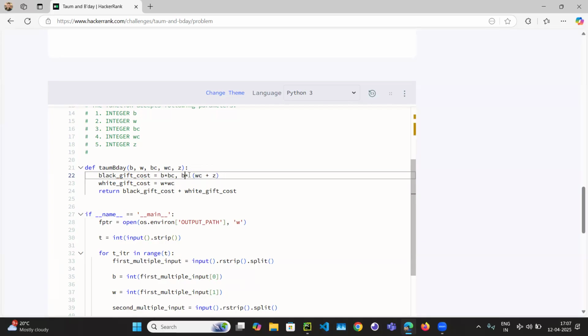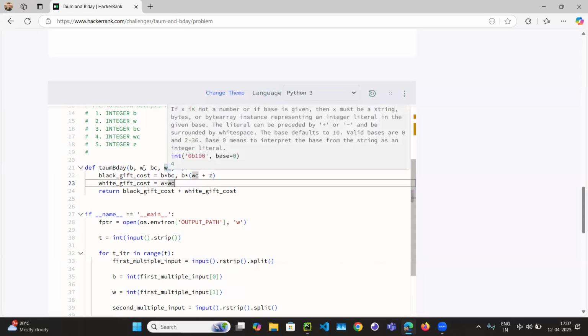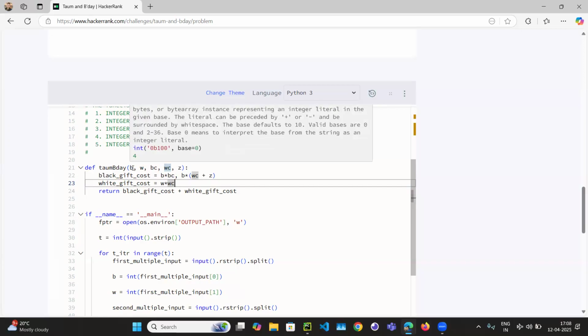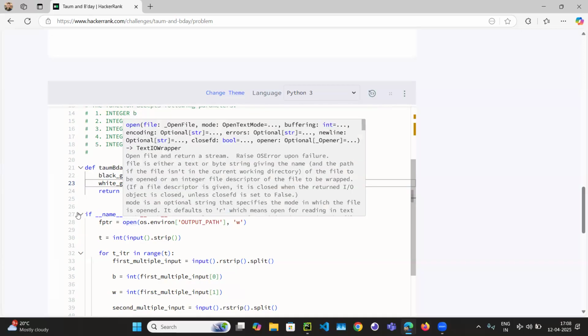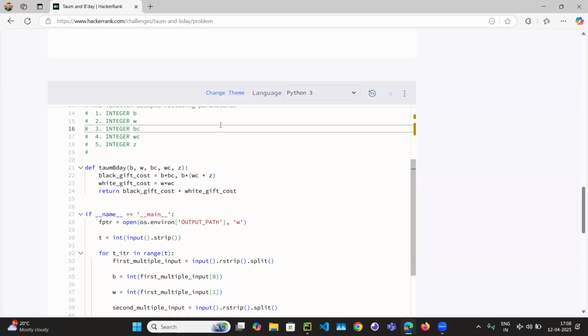So in reality, you have two options. Either go with B star BC, that is, just take the number of black boxes and give to your friend, or the other option is you can convert black to the white.